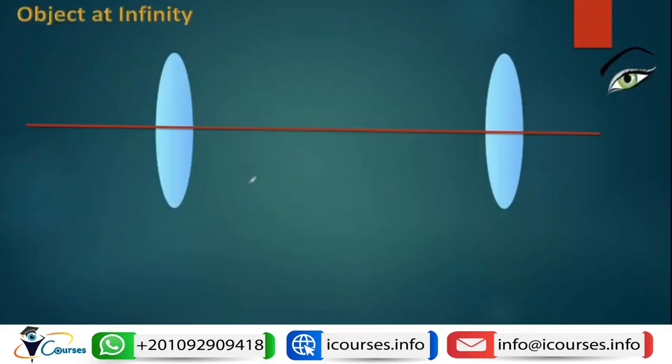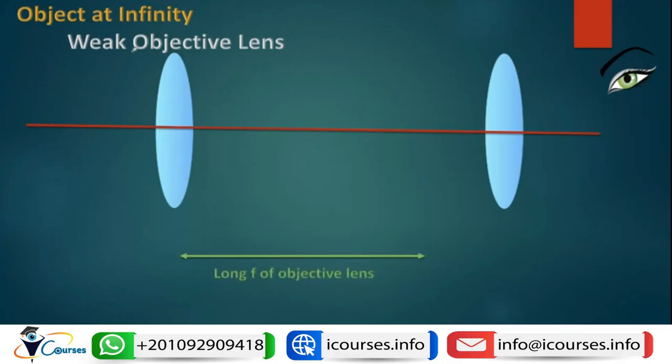So let's see this illustration. Again, we have an object at infinity, and the Keplerian telescope has a weak objective lens. As we know, the focal length is inversely proportional to the power of the lens. So if the lens is weak, the focal length will be long.